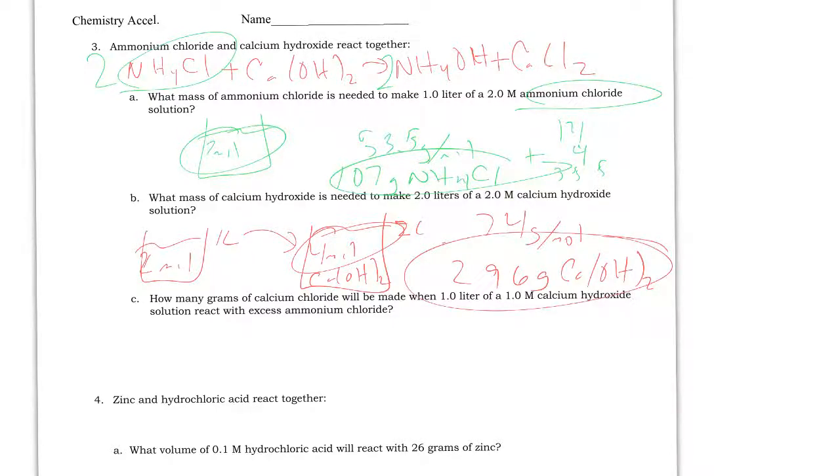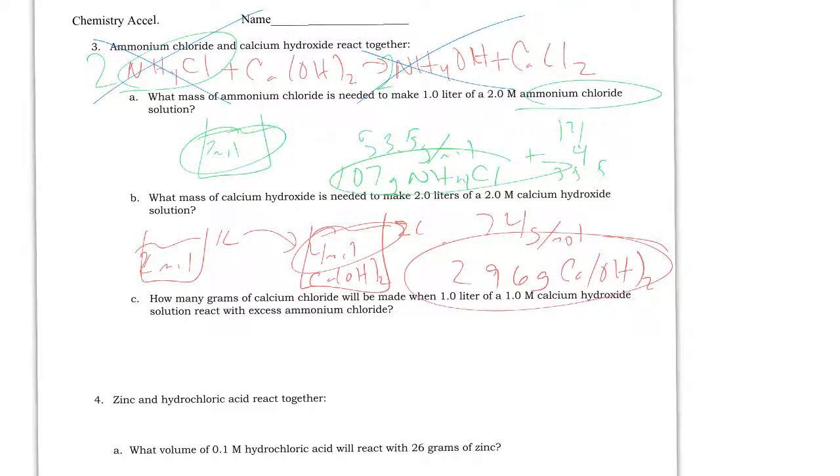How many grams of calcium chloride will be made when 1 liter of 1 molar calcium hydroxide reacts with excess ammonium chloride? So we don't need that one, and we're looking at grams of calcium chloride, so we're looking at those 2, which are a 1-to-1.